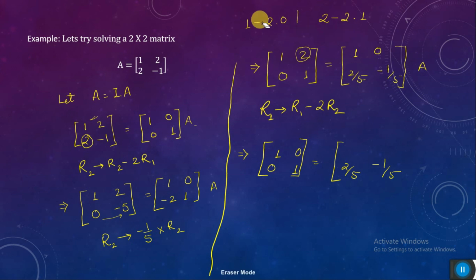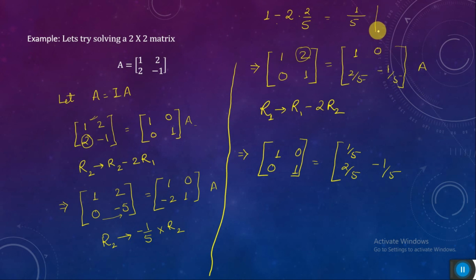And see, how will I change row 1? Row 1 is 1 minus 2 times row 2, which is 2 by 5. So taking LCM 5, that is 5 minus 4, which is 1 by 5.